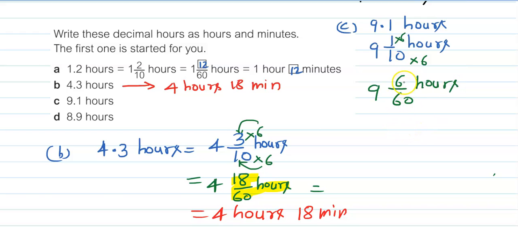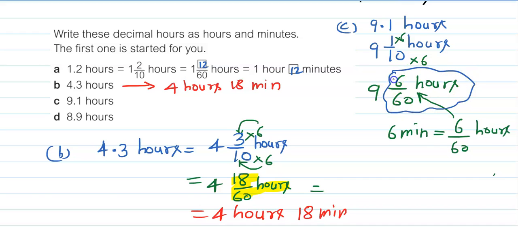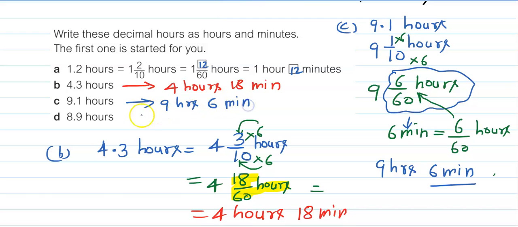This top number is 6, so it means 6 minutes. To convert 6 minutes into hours, you divide by 60. So this answer will be 9 hours and 6 minutes.